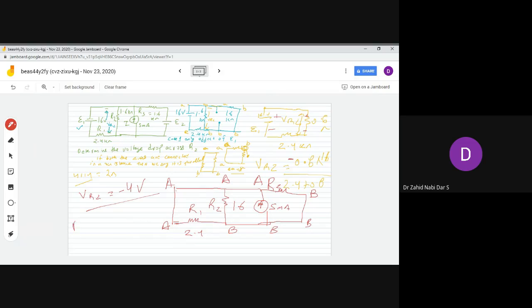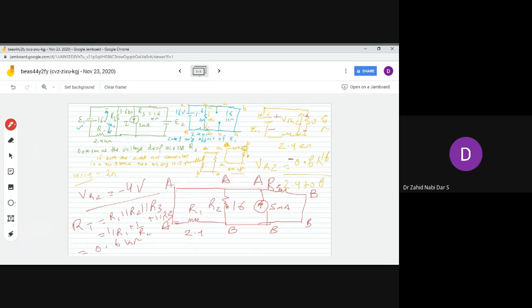So you can clearly write R total is R1 parallel R2 parallel R3. All three resistances are connected in parallel, so you can calculate 1 by R1 plus 1 by R2 plus 1 by R3, and you will get this value to be 0.6 kilo ohms. So the total resistance is 0.6 kilo ohm.